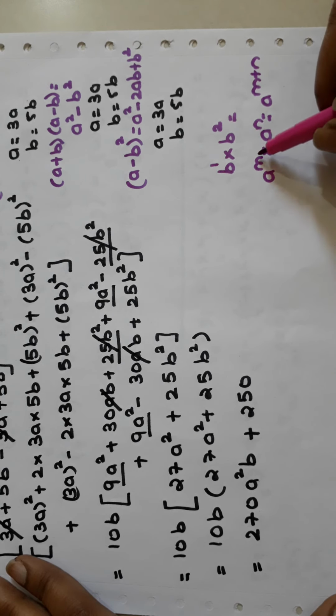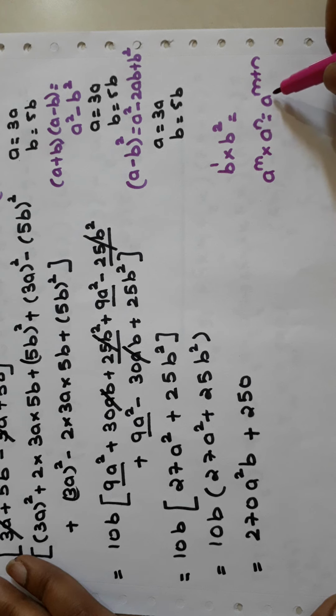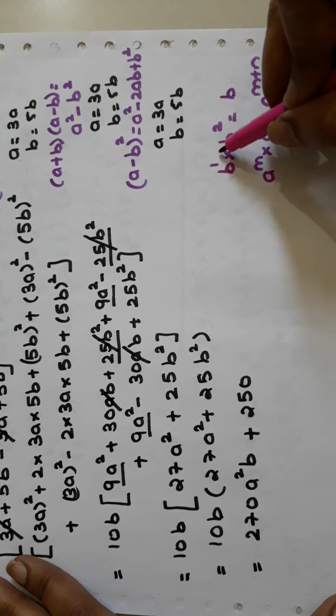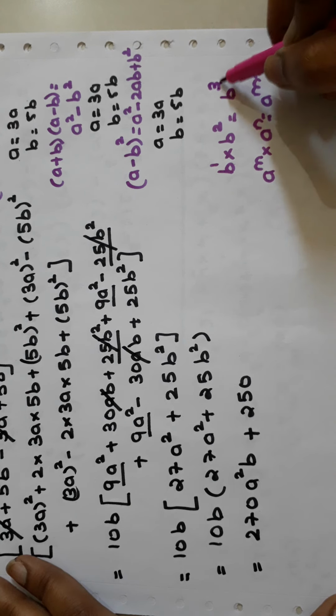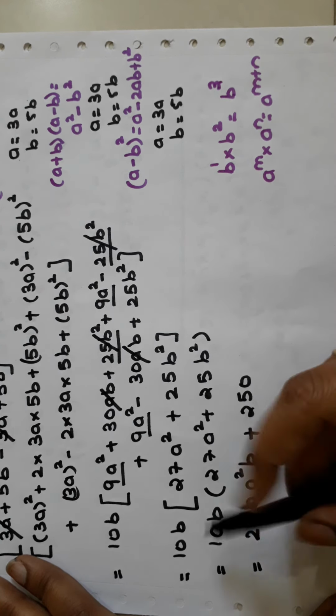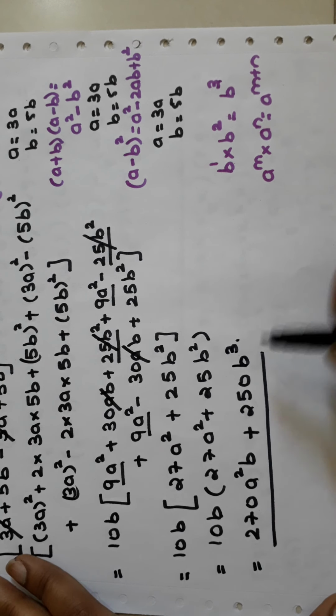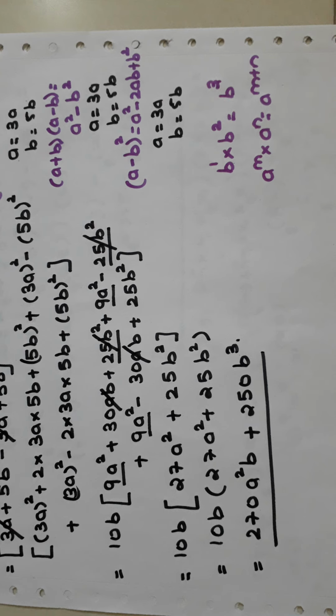Here also the base is the same, power is different, so you will keep the base as it is and add the powers. 1 plus 2 is 3. So b into b square is b cube. So the answer to this problem is 270a square b plus 250b cube.